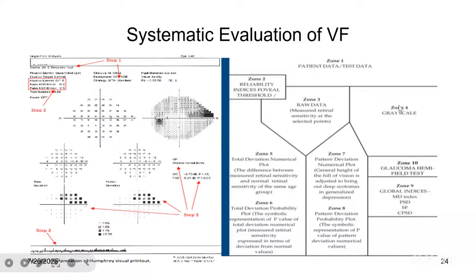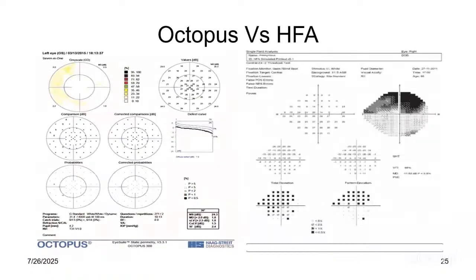So this slide is putting side by side the printout from an Octopus machine versus a Humphrey field analyzer. We can see that there's not much difference. It's just that the Octopus usually uses more colors, especially when it comes to the raw data.